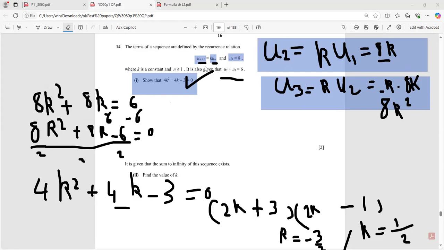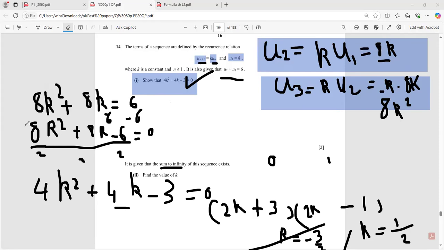Here we have the sum to infinity, find the value of k, given the sum to infinity, and you know this is between 0 and 1, so we have to reject this solution.